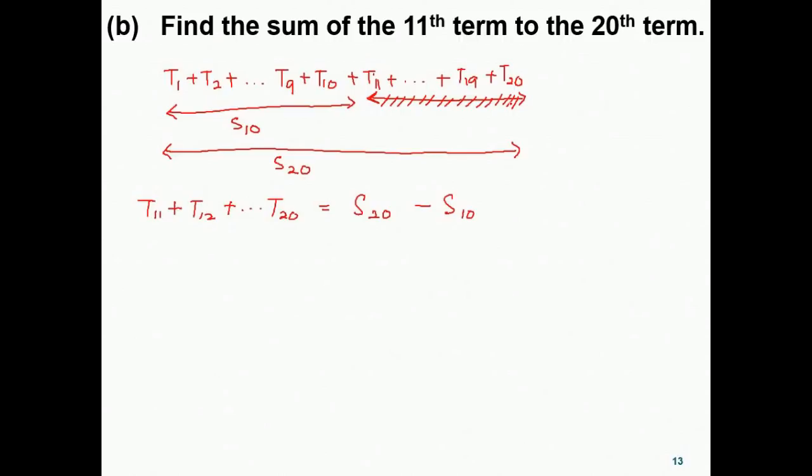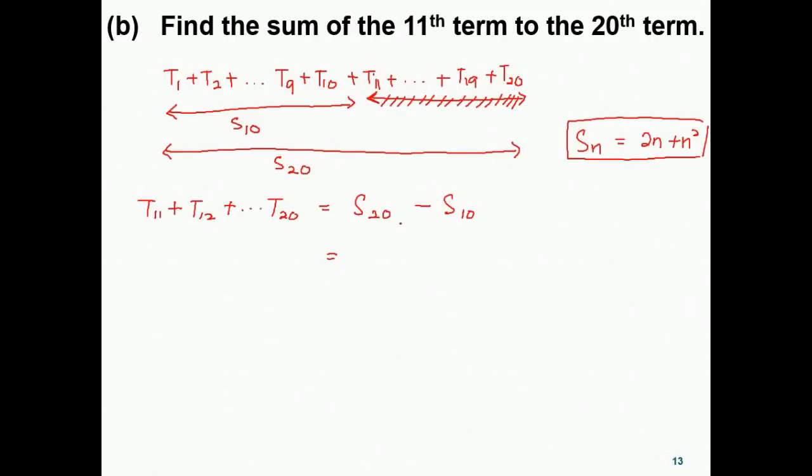Okay. Now proceed to the answer. So what is S20? Given that Sn is equal to 2n plus n squared, we are going to use this formula.